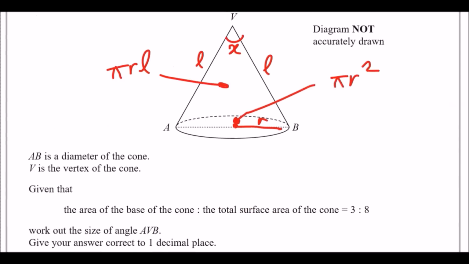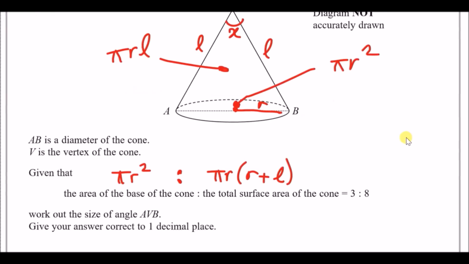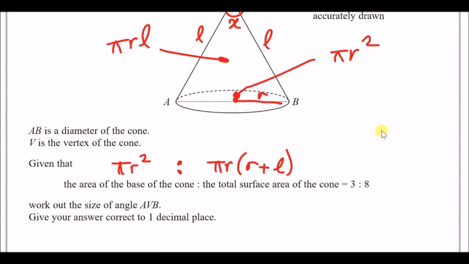Okay, so now filling out this information, so we got everything labeled. We can say that the area of the base of the cone is pi r squared, to the total surface area, which is going to be pi r l plus pi r squared. We can factorize pi r on both of them, so pi r, and then you'll be left with r plus l. Now apparently this is equivalent to 3 parts and this is equivalent to 8 parts.